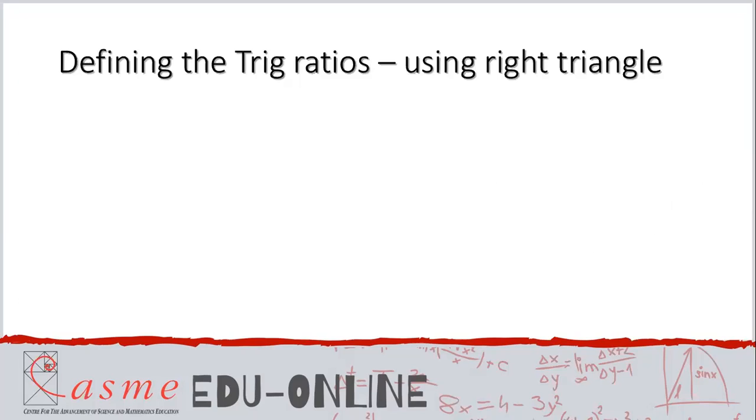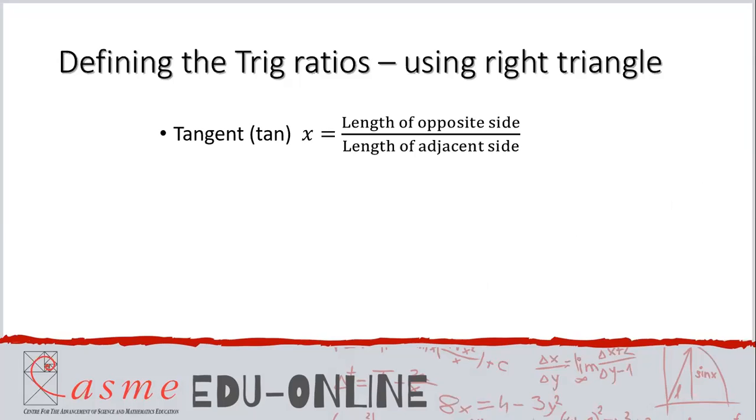using the right-angled triangle. The first one that I want to introduce is the tangent, which is briefly abbreviated as tan, T-A-N. Tan is short for the tangent. Now, for any angle x in a triangle, the tangent of that angle x will be the ratio of the length of the opposite side to the length of the adjacent side.